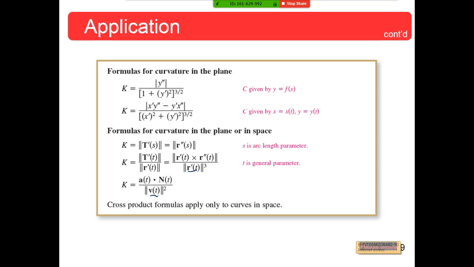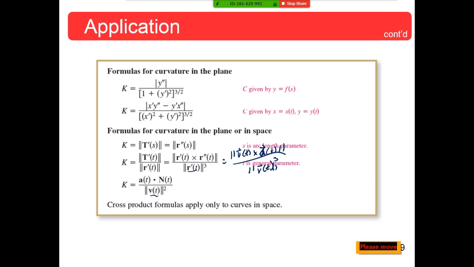But you see, it looks to me like this would be very simple to write as the magnitude of v of t cross a of t over the magnitude of v of t cubed. Okay? Now, if they were going to write this one with a's and v's, why not write that one with a's and v's too? I don't know. Don't know why they did that.